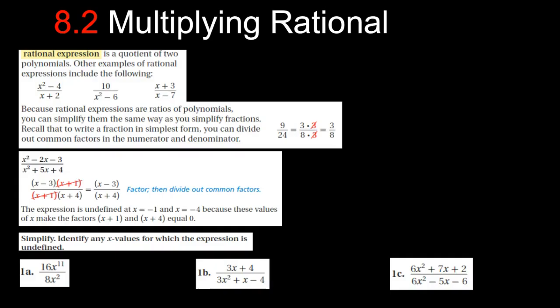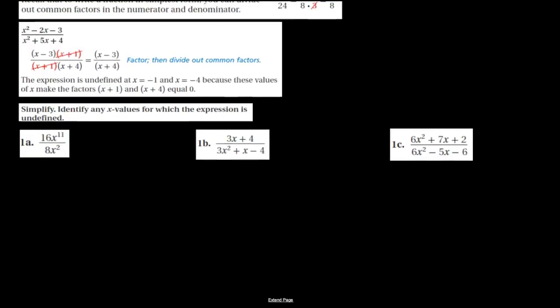So if we go back to the first page, we have the rational expression 16x to the 11th over 8x squared. If I rewrite that with the common factor of 8x squared, that would be 8x squared times 2x to the ninth over 8x squared times 1.